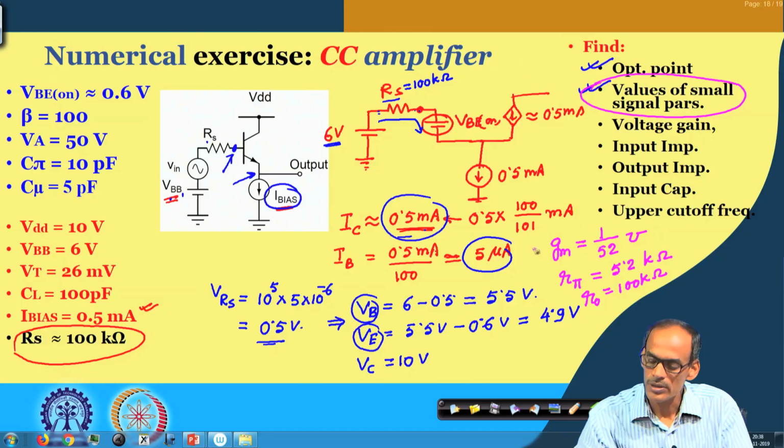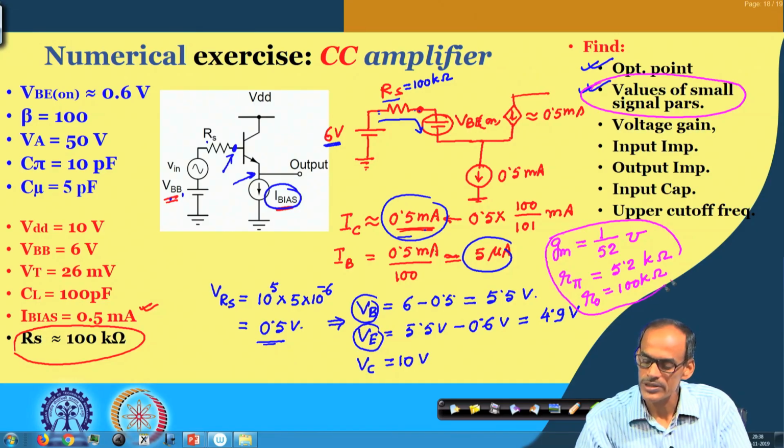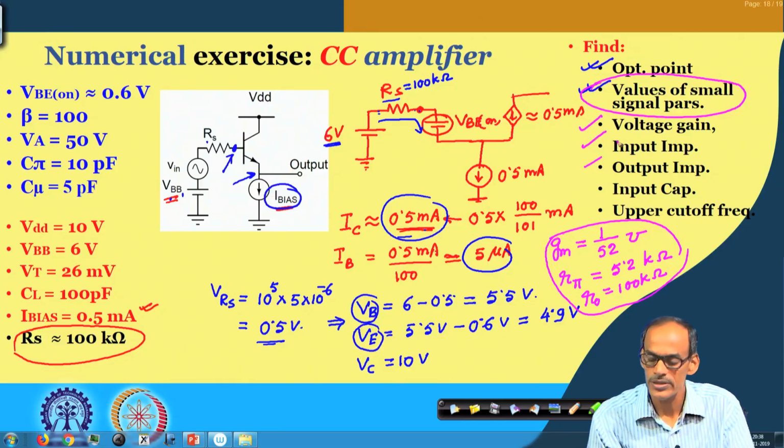Since the small signal parameters did not change, the voltage gain, input impedance and output impedance will remain unchanged.